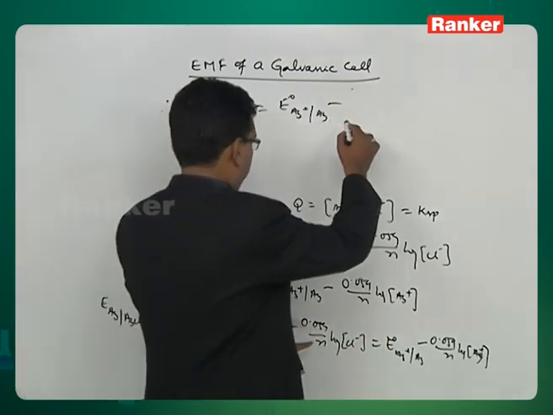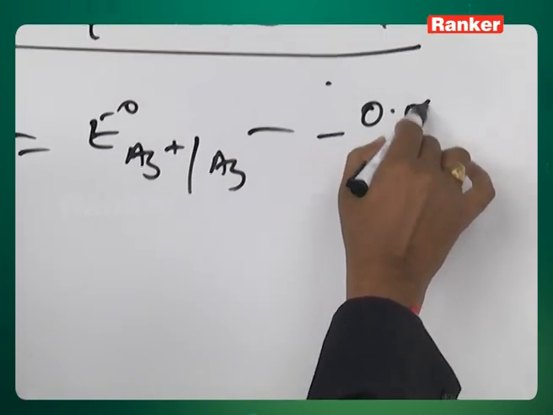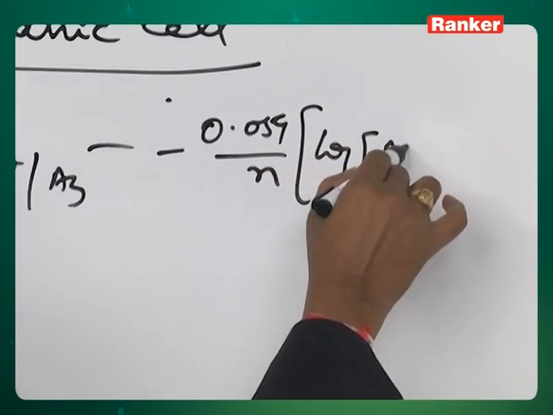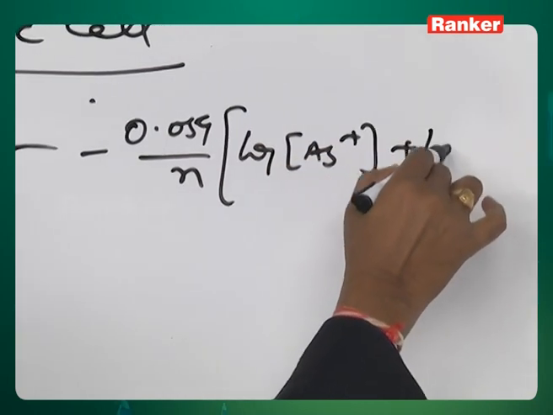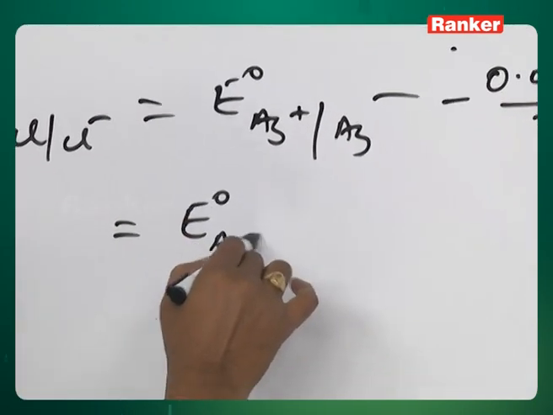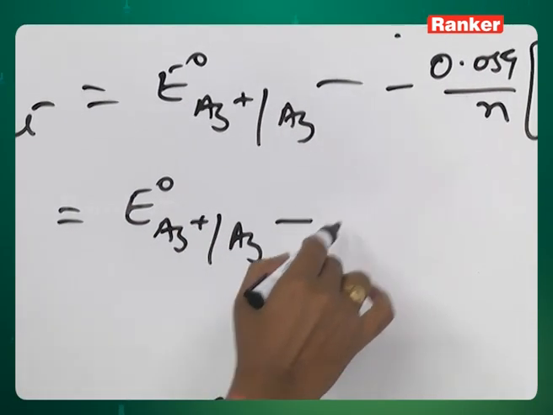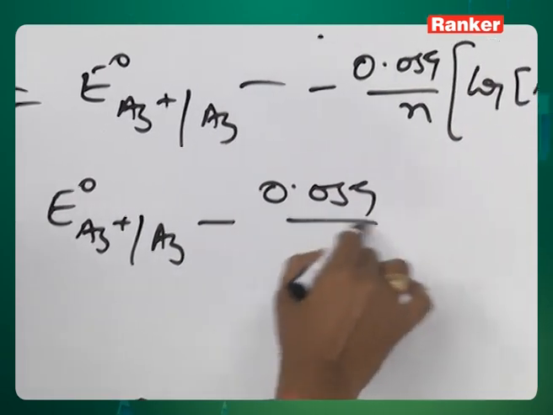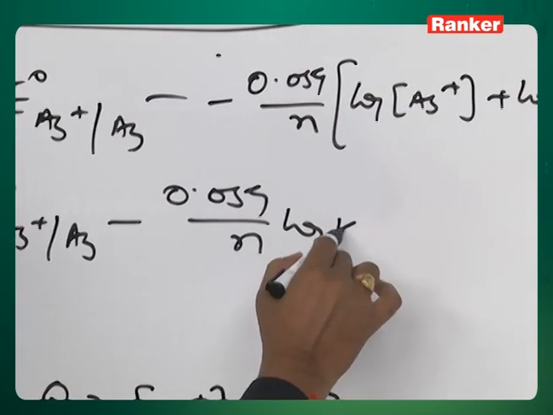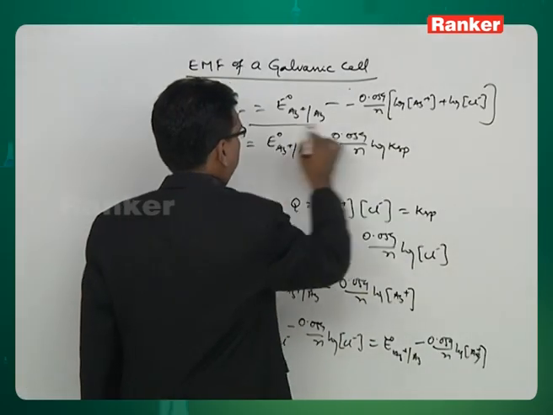So, I will write this as minus 0.059 by n log Ag+ log Cl minus. So, this in turn is equal to E naught Ag+ by Ag minus 0.059 by n log Ag+ into Cl minus, that is equal to log Ksp.